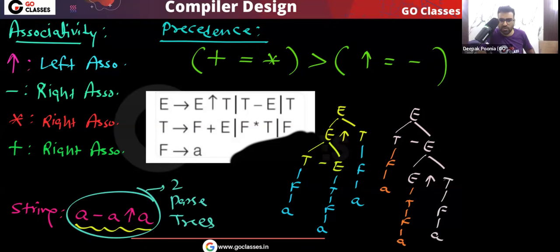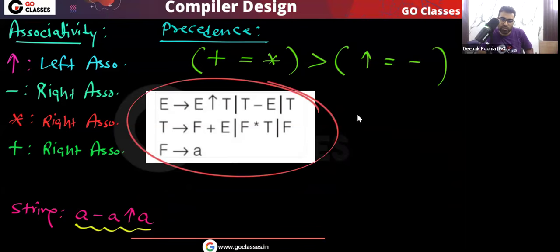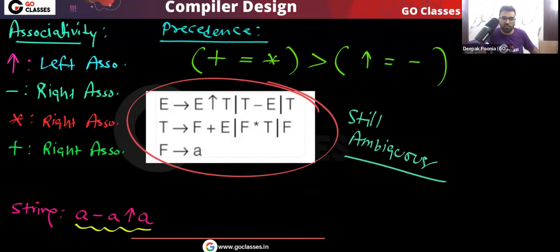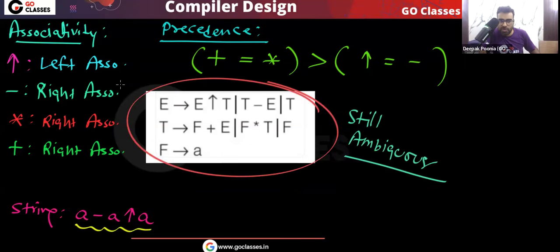This is what I was telling you: this grammar is still ambiguous. Can you tell me why? Did you notice why? We have enforced associativity for every operator, and we have enforced precedence also.